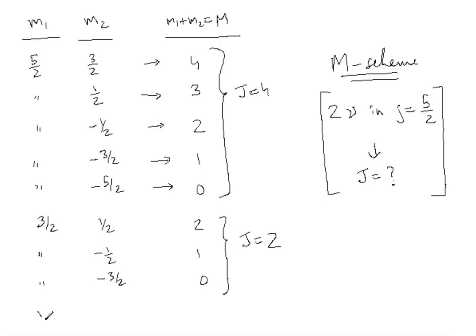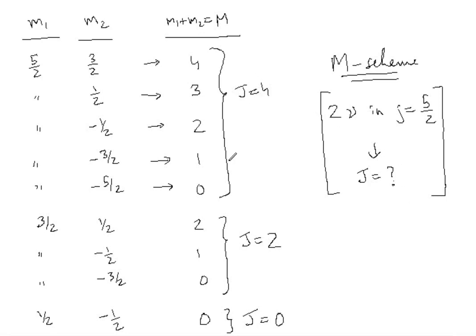The other possibility which is left is plus half, and in this case we will have just minus half. And you see, in this case we have just total M equal to 0, and when total M is just equal to 0, one value, then this corresponds to only J is equal to 0. Now I have not considered the negative values here, because they will similarly give me the negative values, or basically correspond again to the value of J is equal to 4.